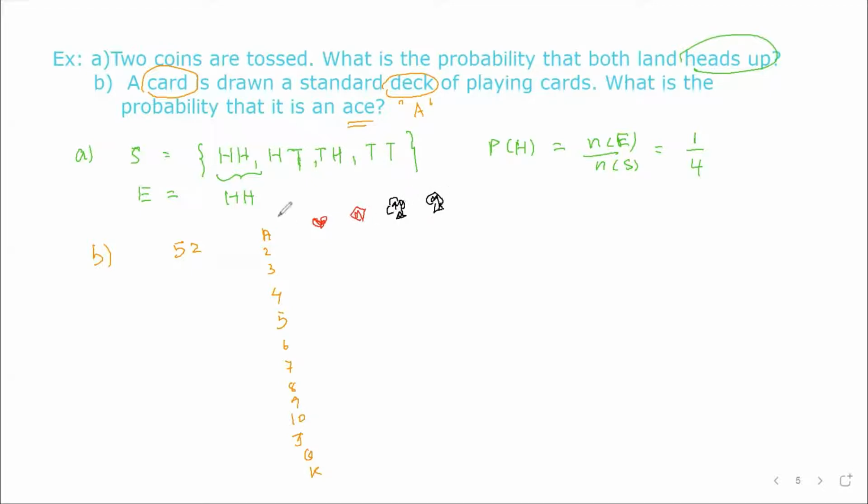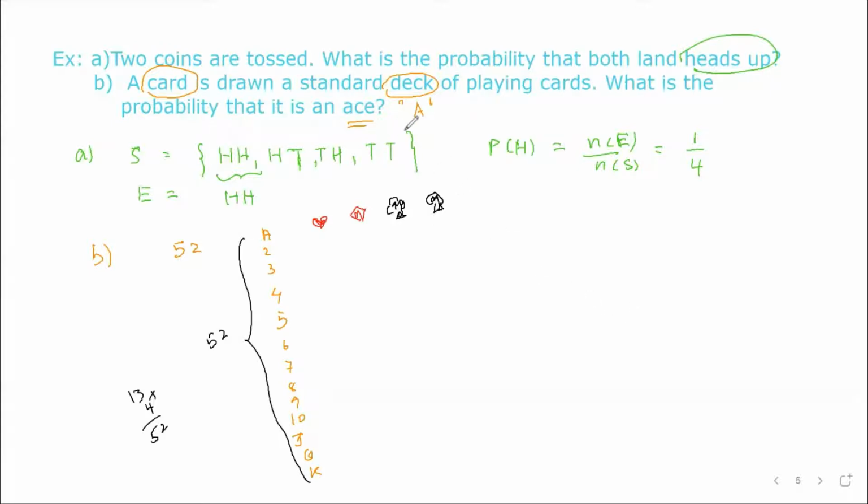Okay, so we can see we have a total of 10, 11, 12, 13, right? So the whole thing is equal to 52. Each suit has 13, so 13 times 4. So we have 52. So the total deck has 52 cards.